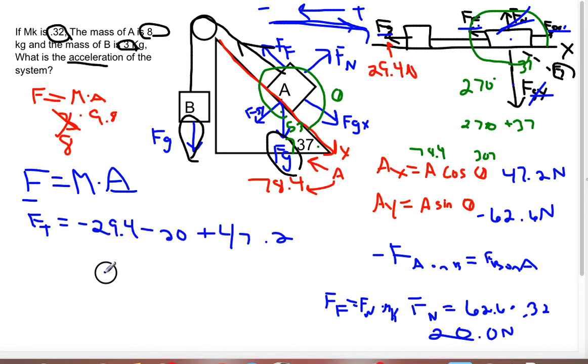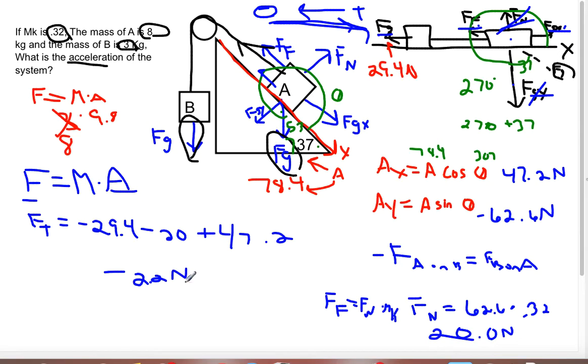So if I added all these up, I would get negative 2.2 newtons. This negative just tells me that I'm going in the opposite direction I was expecting to go. So this block is actually going to be being pulled up the ramp by B falling.